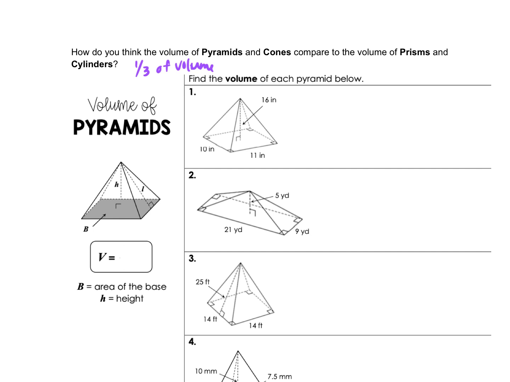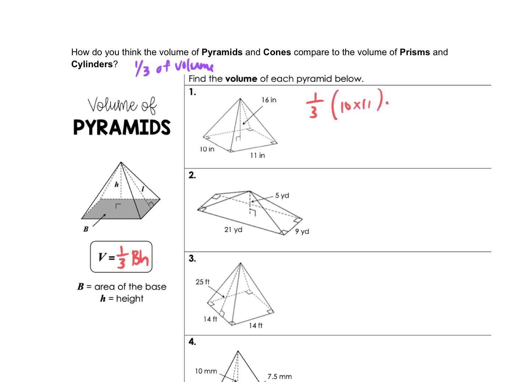All right, so number one, all I'm going to do is basically put a 1/3 in front of the formula for a prism. Okay? So it's 1/3 times area of the base, which is a rectangle, so length times width, times the height.